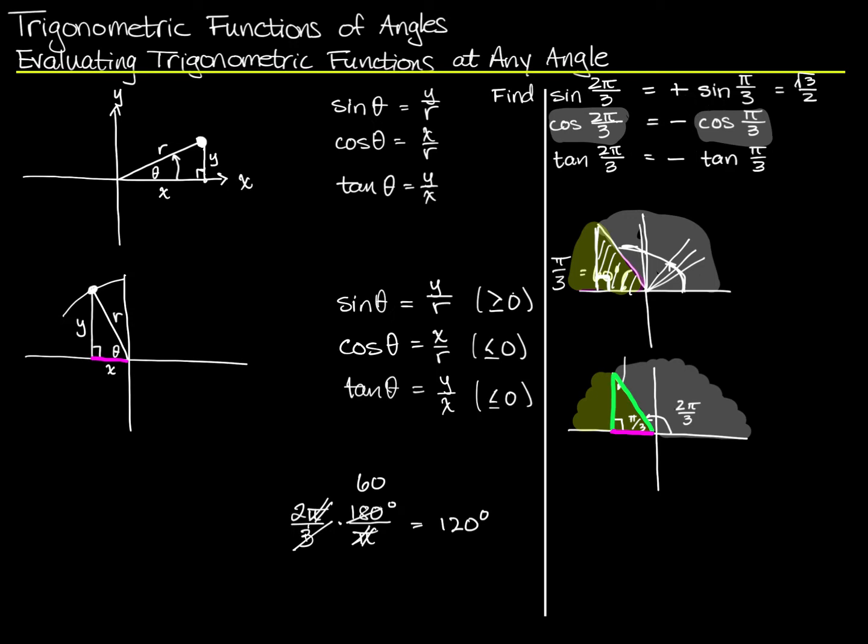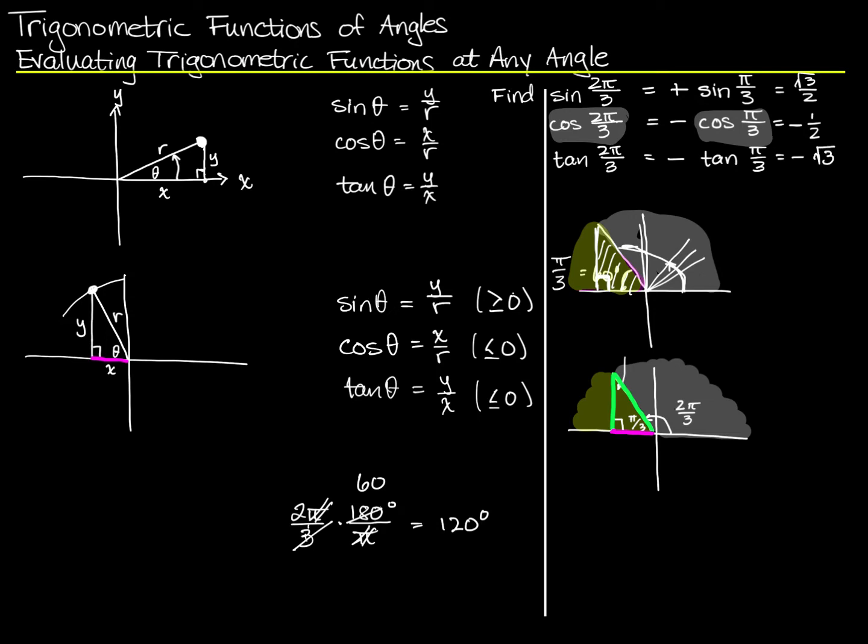The cosine of pi over 3 is a half, but for an angle in quadrant 2, because cosine is adjacent over hypotenuse, it's always going to be negative. And the tangent is always going to be negative as well, because tangent is opposite over adjacent, and in quadrant 2, opposite will always be positive and adjacent will always be negative. So it's going to be a negative value, and that value is the square root of 3.